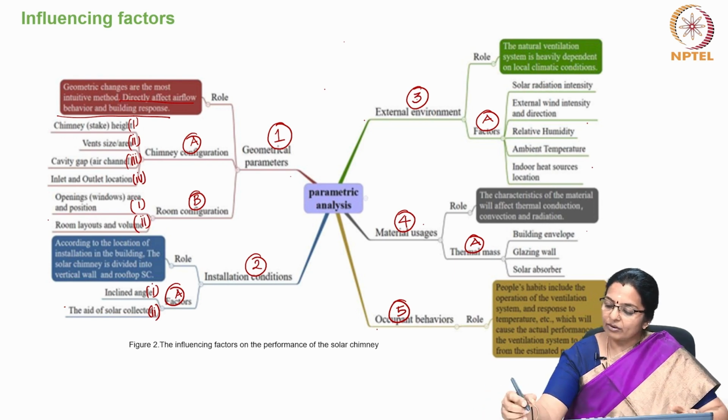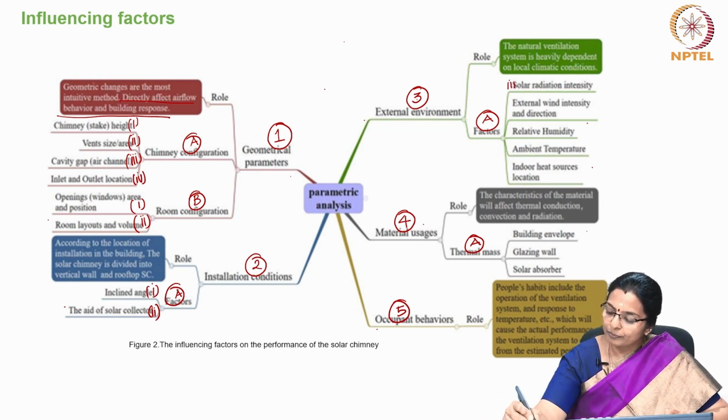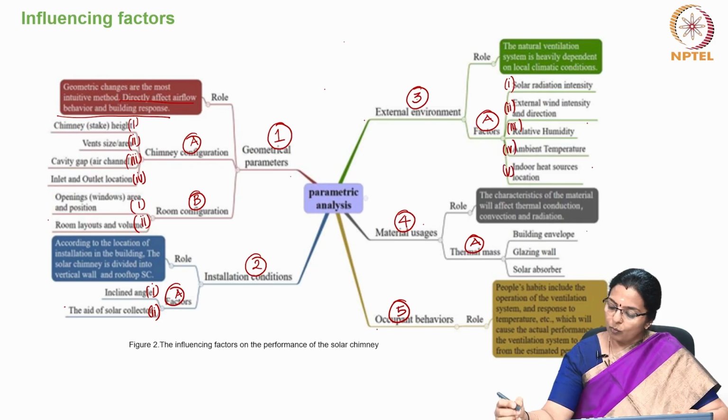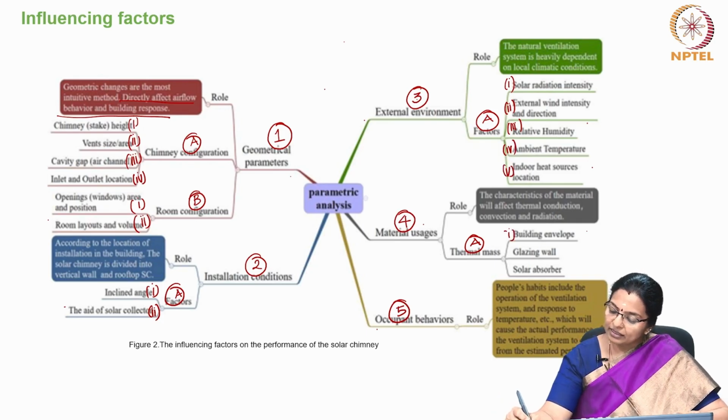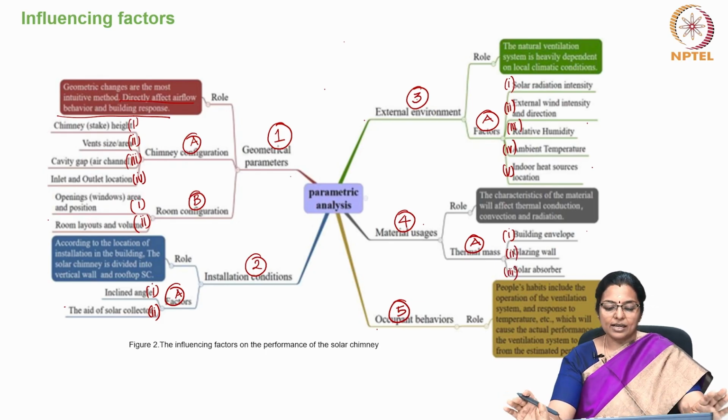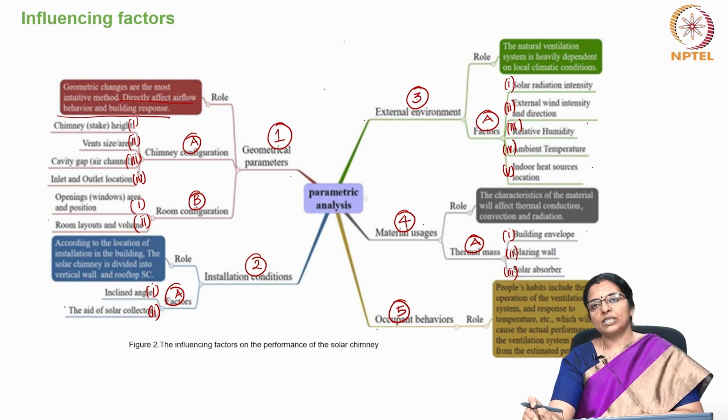The external environment comprises of these 5 aspects. While the thermal mass is that of all the built form involved. So, these are the factors which influence the performance of a solar chimney.